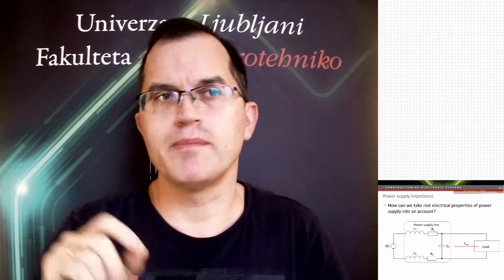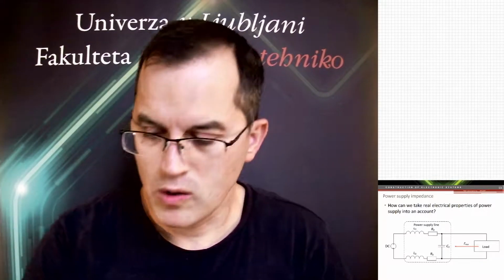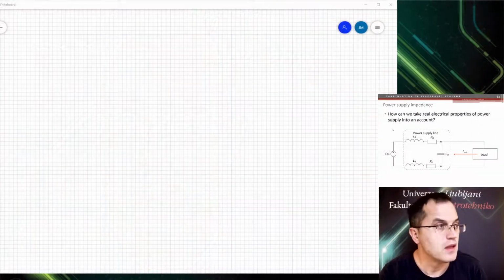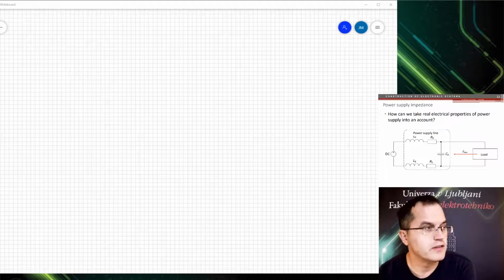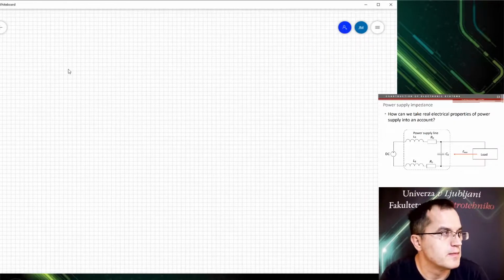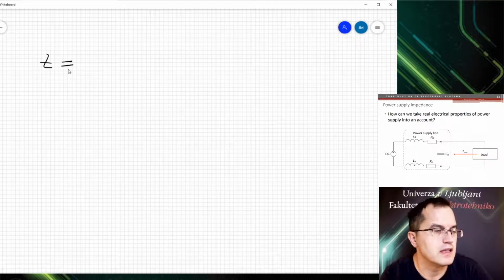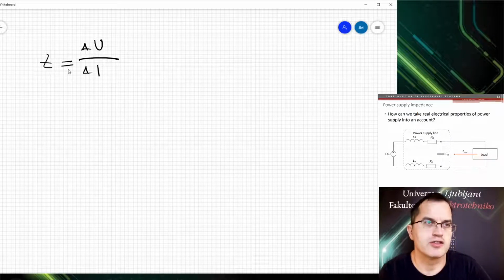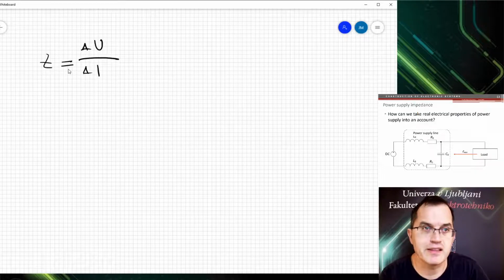And I'm not talking about total impedance, so voltage divided by the current. That might be a little bit too much. So it's not voltage divided by the current, but the impedance of the source is the change of voltage divided by the change of current. It's so-called incremental impedance.